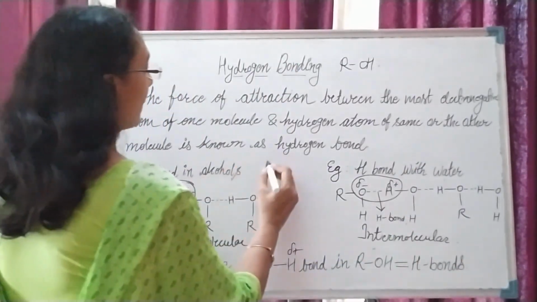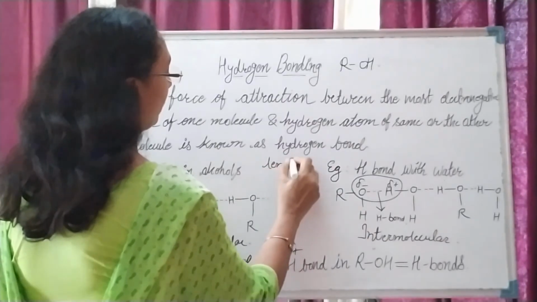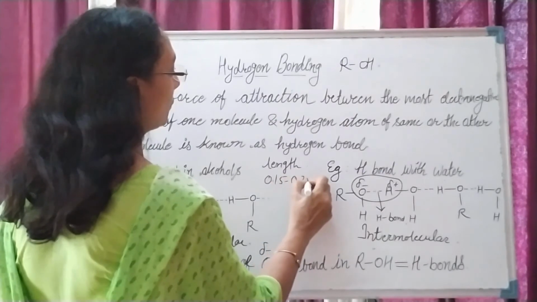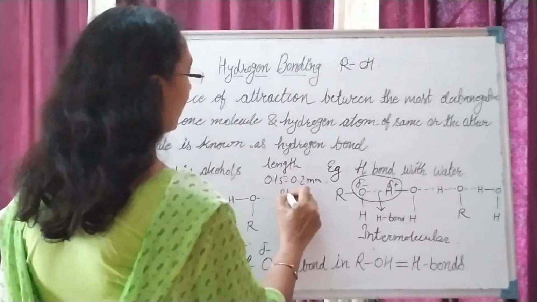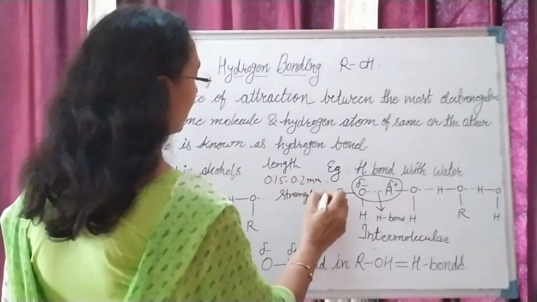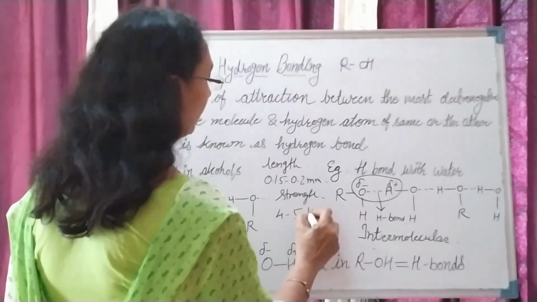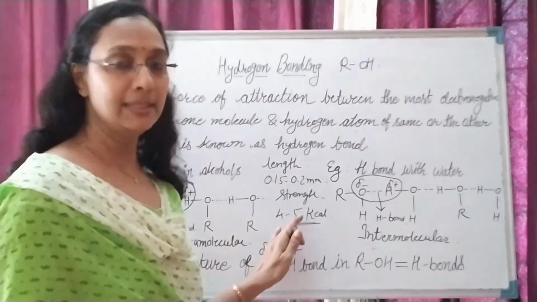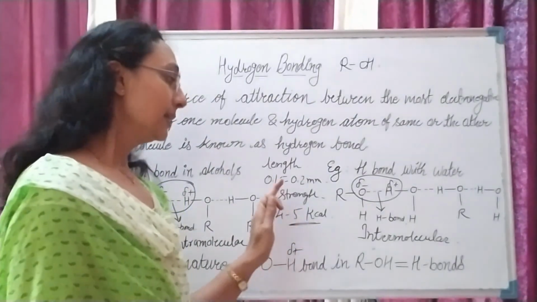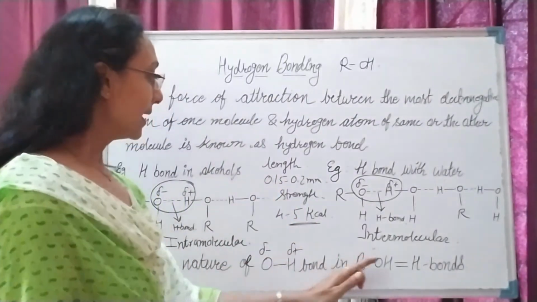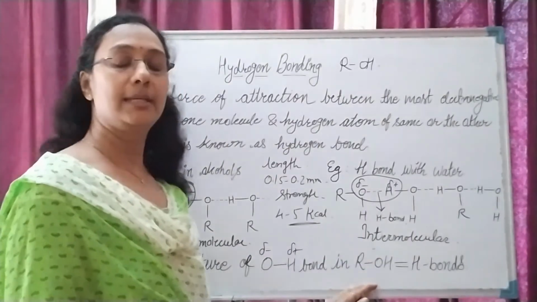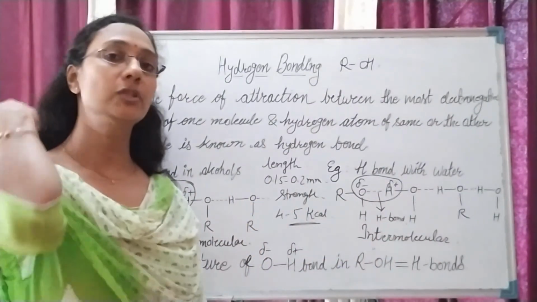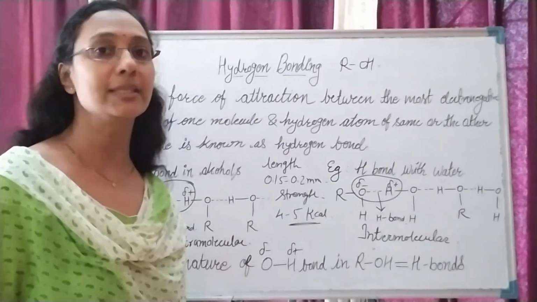The length of the hydrogen bond formed is about 0.15 to 0.2 nm, and the strength is about 4 to 5 kilocalories. It is very small, but it is not insignificant. This hydrogen bond is responsible for the solubility of the alcohols in water.